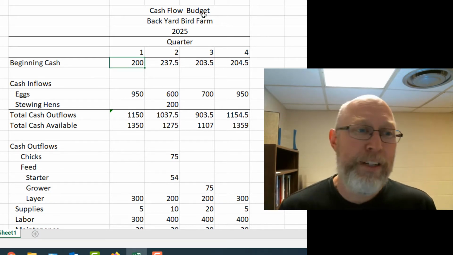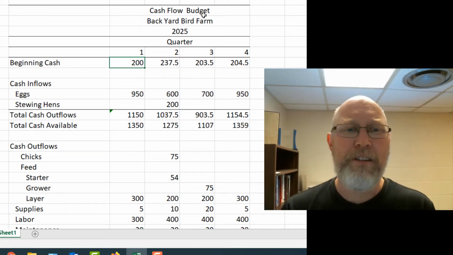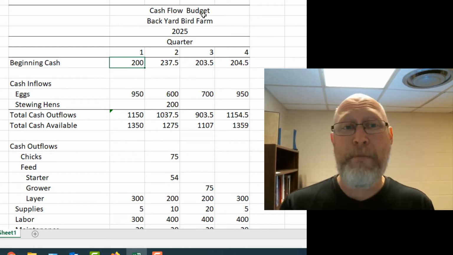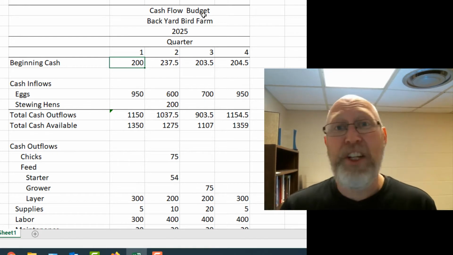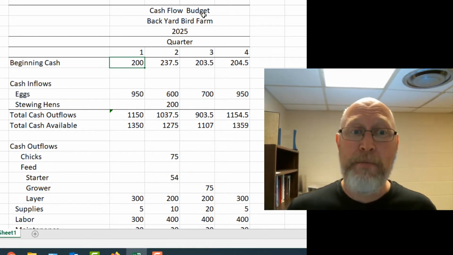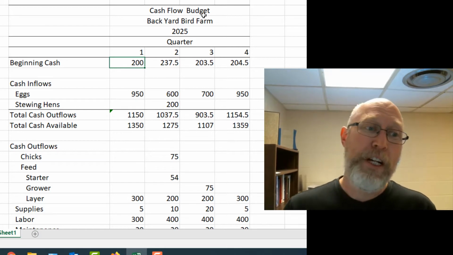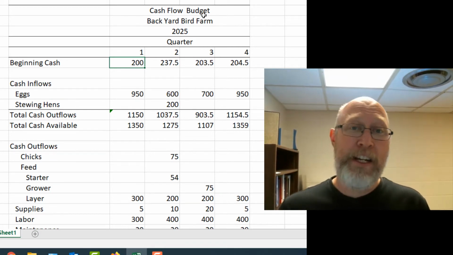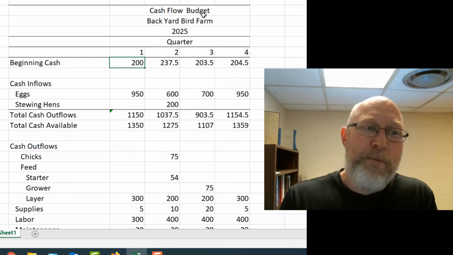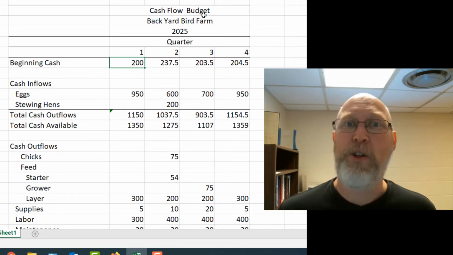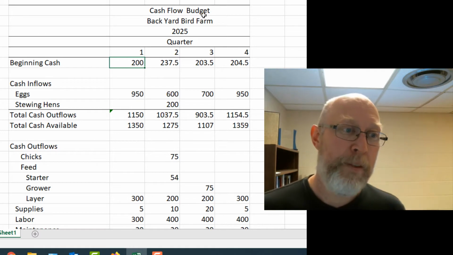In the modern world we live in now, it's zeros and ones sitting on a computer that represent money that belongs to you. So this isn't necessarily actual cash sitting around the house or sitting inside the business or sitting in a cash register. This means I've got a bank account and it's got money in it, and we call that cash because it operates just like cash, meaning you can access the money quickly.